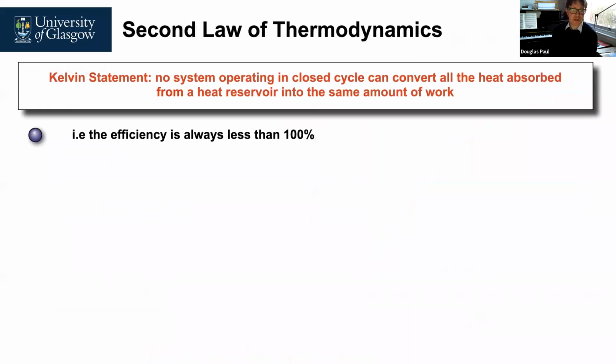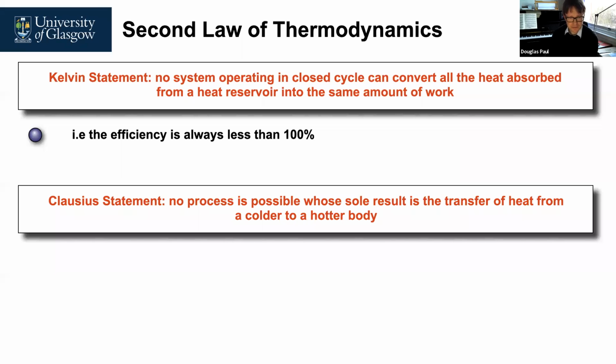So the second law of thermodynamics. Both Kelvin and Clausius actually came up with the second law of thermodynamics around the same time in the 19th century. And we've already stated the Kelvin statement that no system operating in closed cycle can convert all the heat absorbed from a heat reservoir into the same amount of work. So the efficiency is always less than 100%.